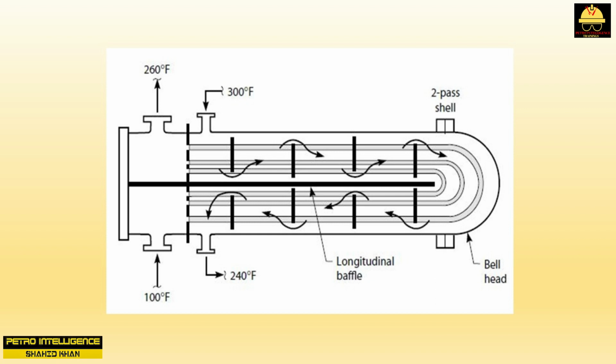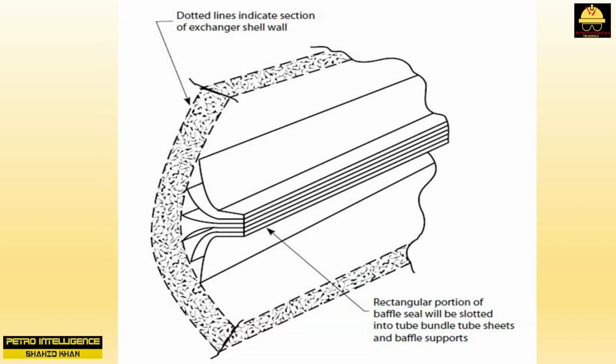In extremely serious cases, I have seen the bell head, shown in picture, 100 degrees Fahrenheit colder than the shell side outlet temperature. When new, the longitudinal baffle seal, which is composed of a number of foil strips, extends along the length of the shell. These strips press up against the ID of the shell and effectively seal off the upper half of the shell from the lower half, as illustrated by picture. Unfortunately, the first time the shell is pulled for maintenance, these foil strips are wrecked.